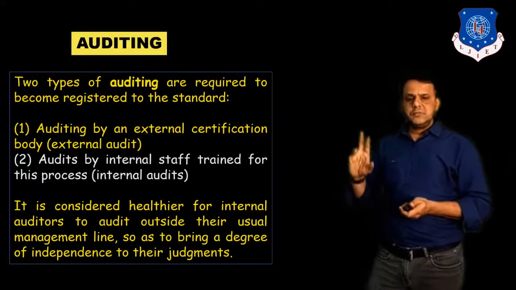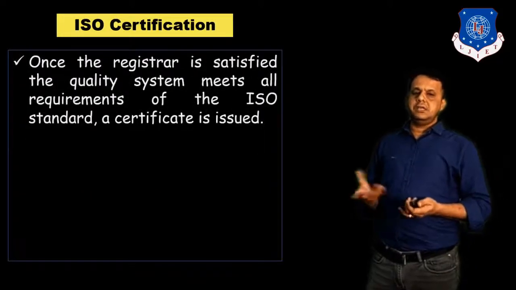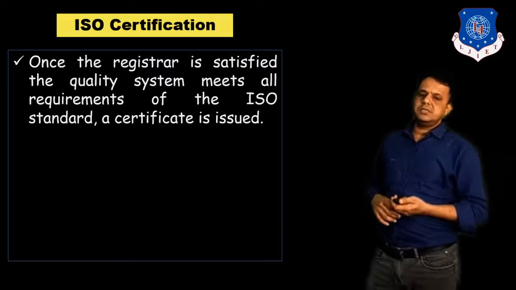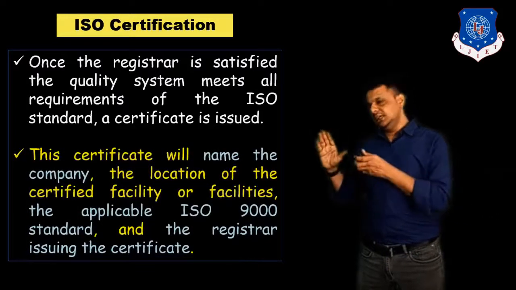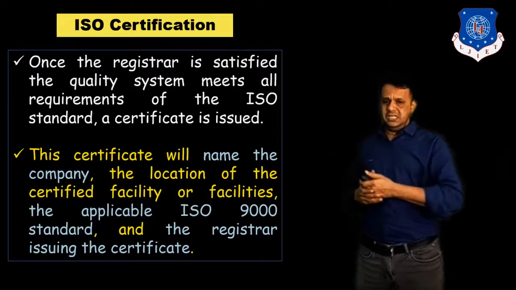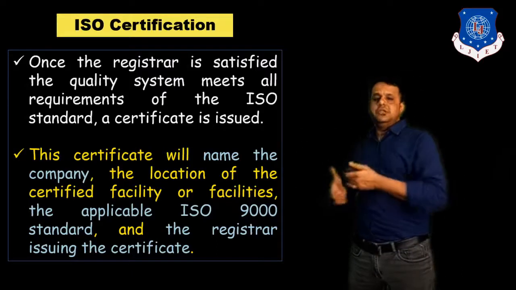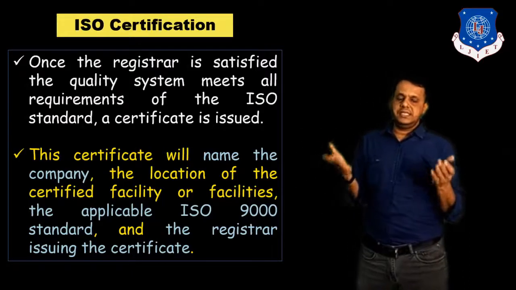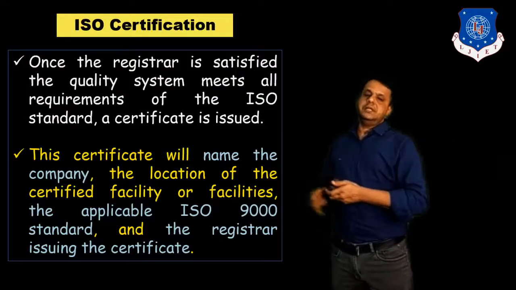So internal and external auditing. Once the registrar is satisfied with the auditing system, a certificate will be issued, and the certificate will include the company's name, the location, the facility where it is certified, which ISO is applicable, usually ISO 9001 as I said, and the registrar issuing the certificate.